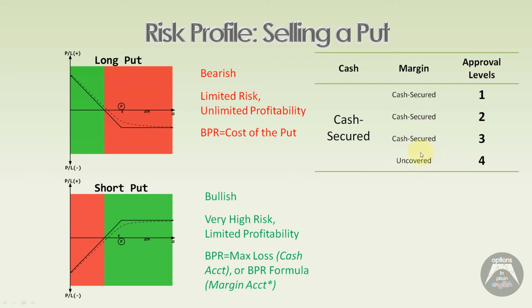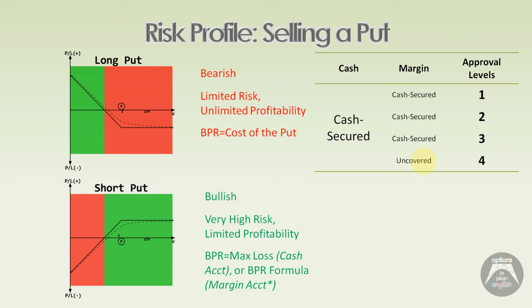You can even sell the put that we're talking about without having the full amount that you would lose if it goes to zero. So let's take a look at this.